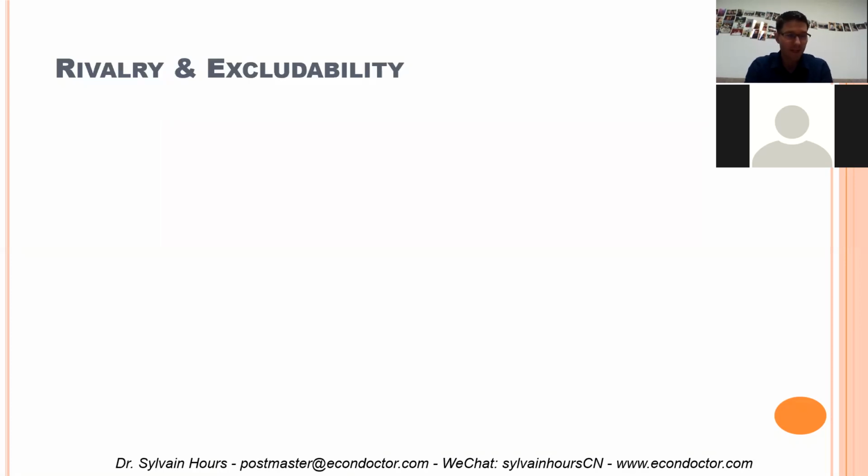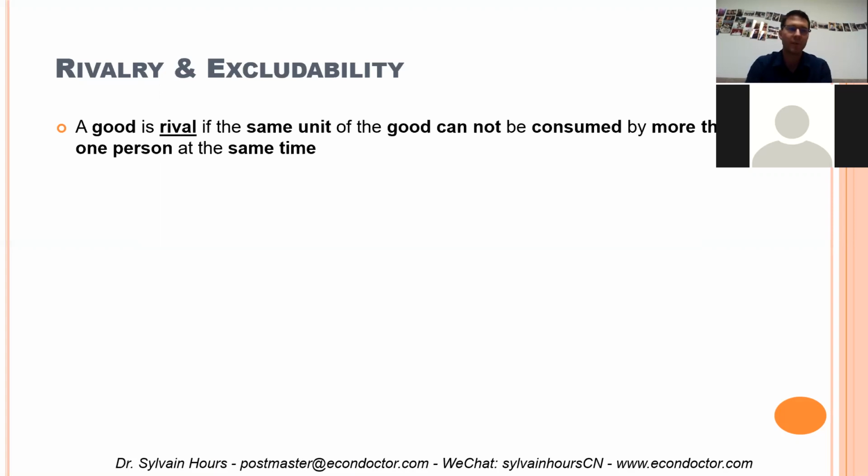And the proper way to define a public good is to define it by its two fundamental characteristics: non-rivalry and non-excludability. So let me define these two fundamental characteristics. What does this feature mean? So rivalry is a simple idea.